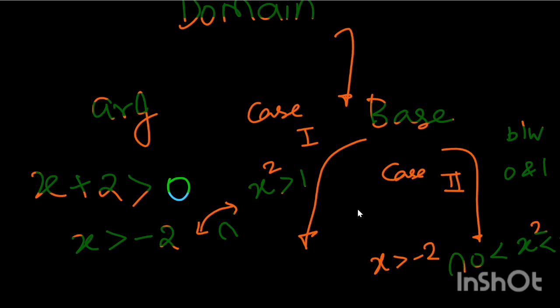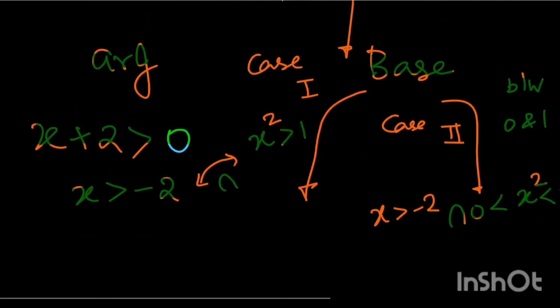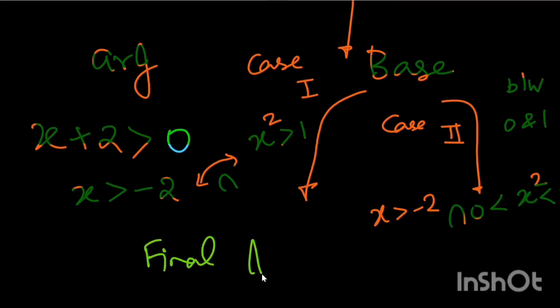After solving it, we will take whatever we obtained, the intersection with the domain calculated in each of the cases that we assume, and the final answer would be what, guys? The final answer would be the union of the two cases, case 1 union case 2.